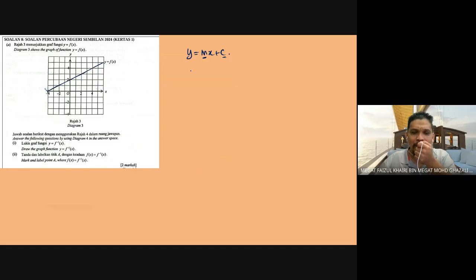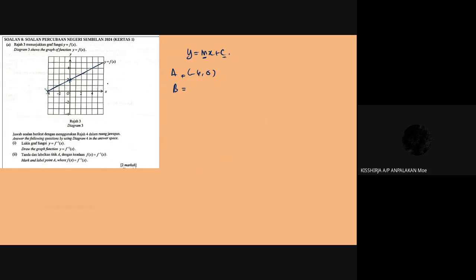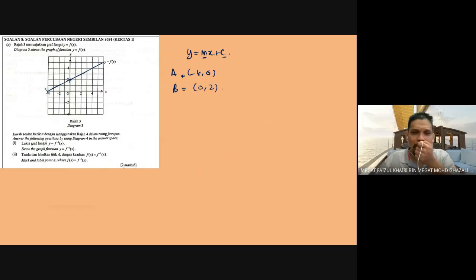Coordinate of A and coordinate of B. Which coordinates are we going to use? 0, 2. So let's find the gradient of AB, which is y minus y naught divided by x minus x naught.